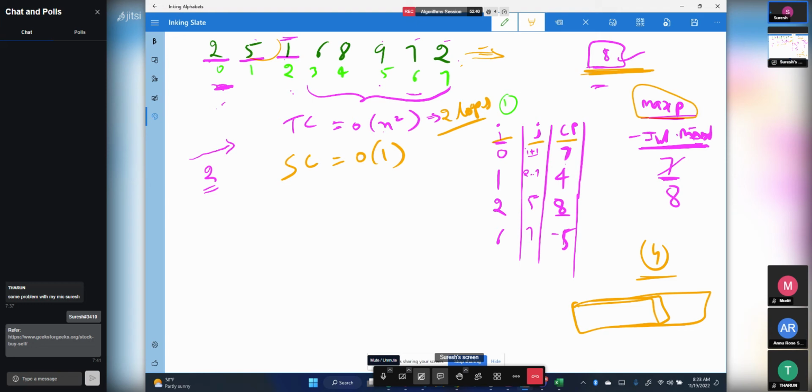If the number of spaces you are taking increases proportionately with the input, then space complexity is not constant. But here we are constantly taking four variables irrespective of the input, isn't it? I don't care if the input is 10 numbers or 1,000 elements.